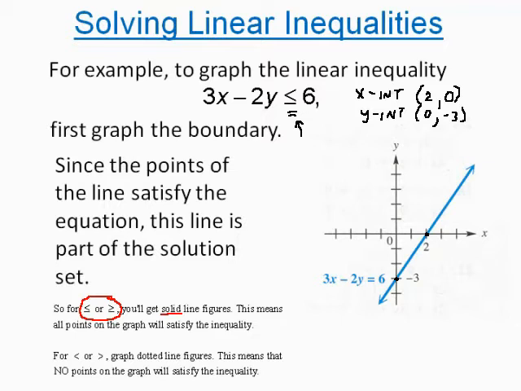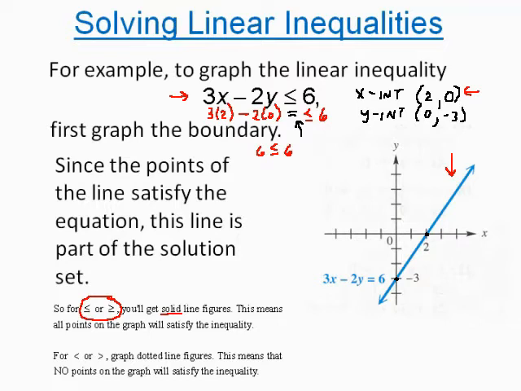For example, if I take one of these points, 2, 0, and plug it in to this linear inequality, 3 times 2, plugging 2 in for x, minus 2 times 0, plugging 0 in for y, let's see if that is less than or equal to 6. 3 times 2 is 6, which is less than or equal to 6. That's true, so any point on this line will make this inequality true. That is why it's a solid line.